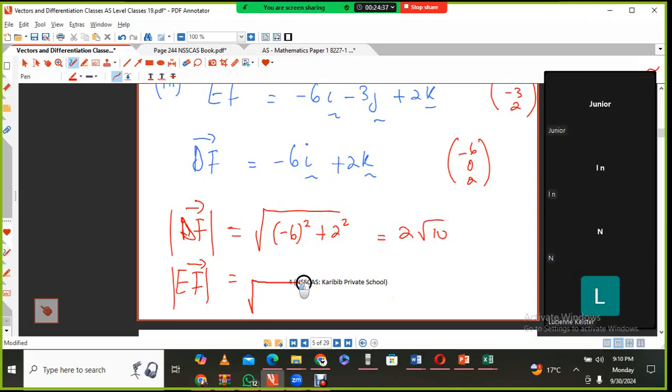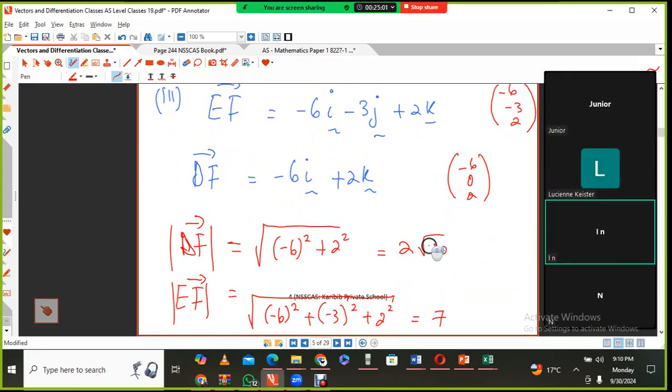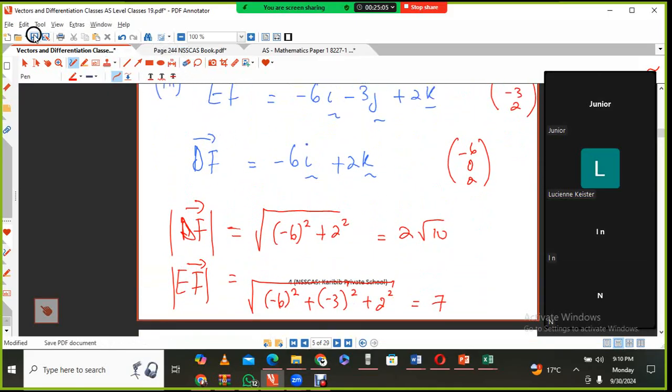And this other one? Square root of minus 6 squared plus minus 3 squared plus 2 squared. Anything that you put in brackets will always be positive when you square it. So you get 7. Let me just add a page.